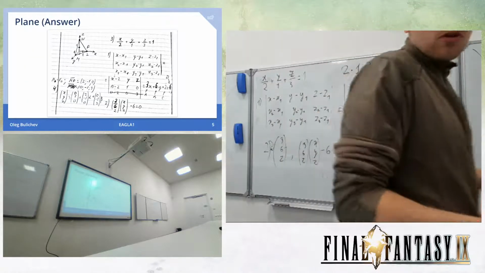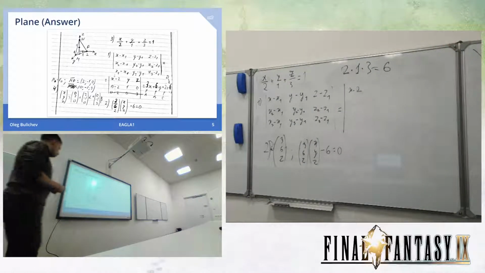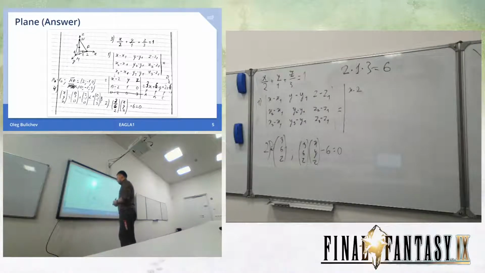How does the parametric form work? You may see that first of all we need to choose some point on the plane. In my case, I chose this one, for instance, 0, 1, 0. It's just my decision because we know this point. We can choose whatever we like.